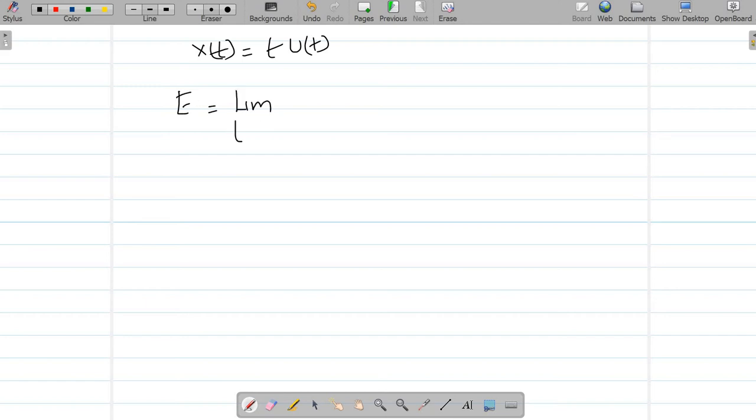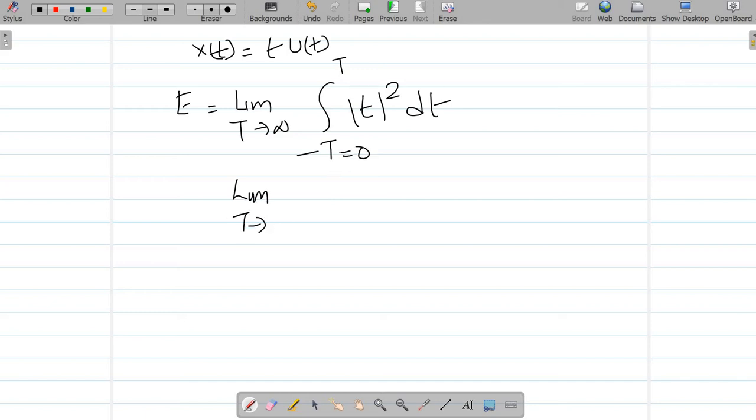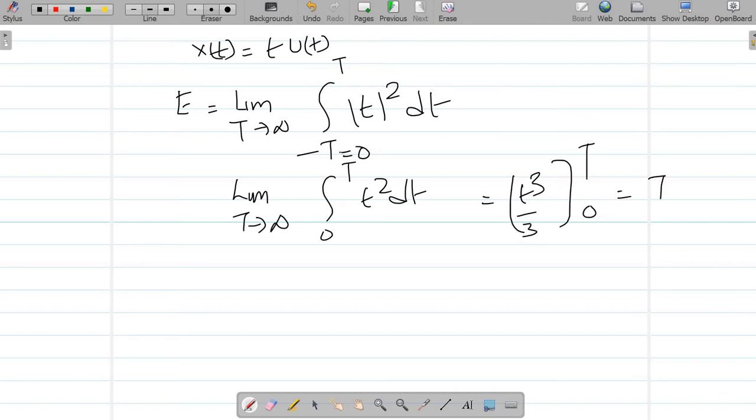Limit T tends to infinity, integral from minus T to plus T of t squared dt. The lower limit will become 0, so limit T tending to infinity, integral from 0 to T of t squared, and this will be T cubed divided by 3. If I apply the limit, this becomes infinity.